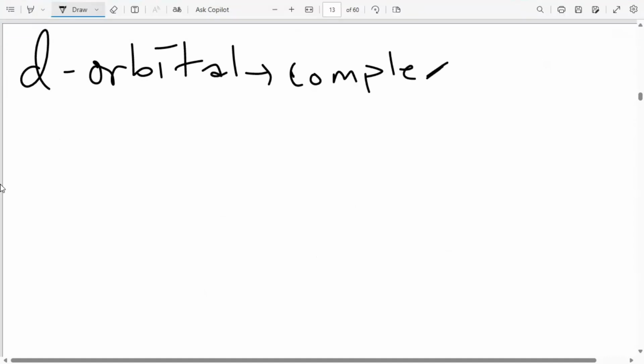But in case you are asked in an exam what is the shape of a d orbital, you should just say they have a cloverleaf shape. So if they ask you the shape of the d orbital, you can just say d orbitals have a cloverleaf shape.